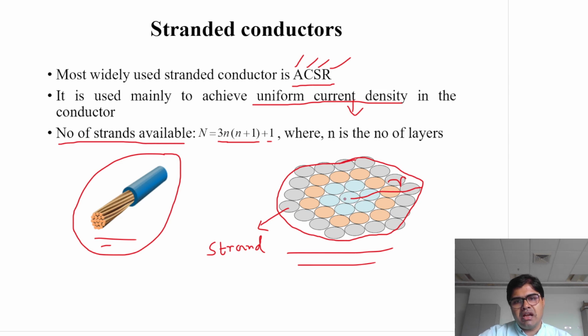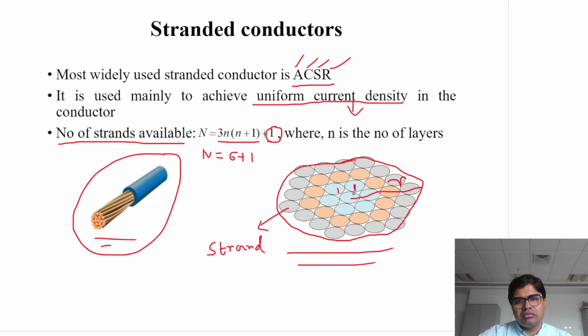Now this central conductor is 1. Now you see, the first layer is indicated by blue. If you put n equal to 1, you will get capital N equal to 6 plus 1, that is equal to 7. This 1 always stands for the central conductor.